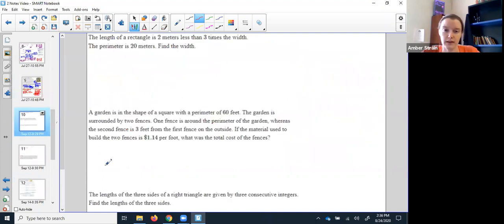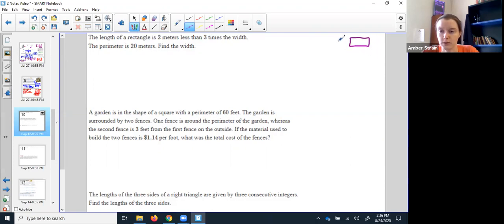Okay, this next one, I've got a rectangle. Hopefully you guys remember what those look like. The kind of longish square. So it says that the length of a rectangle is 2 meters less than 3 times the width, and it says the perimeter is 20 meters. So some refresher on words, remember perimeter is all 4 sides going around the edges like you were building a fence.